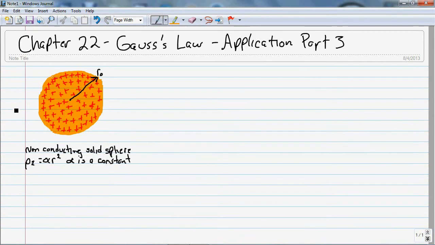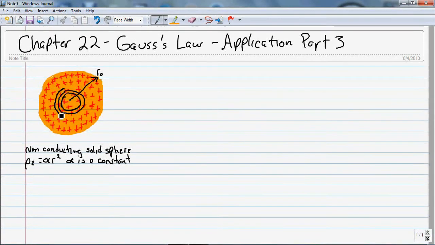Well, the electric charge density is given by alpha r squared. So in effect, there are these rings of equal charge density around the center. So all of these are equal values of charge.